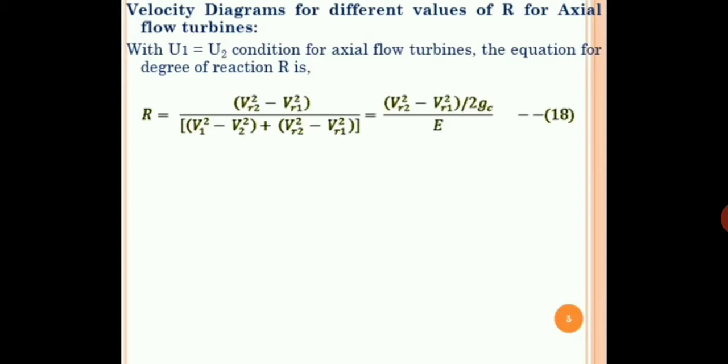We can also write this expression as VR2 square minus VR1 square by 2 Gc by E. That is equation number 18.